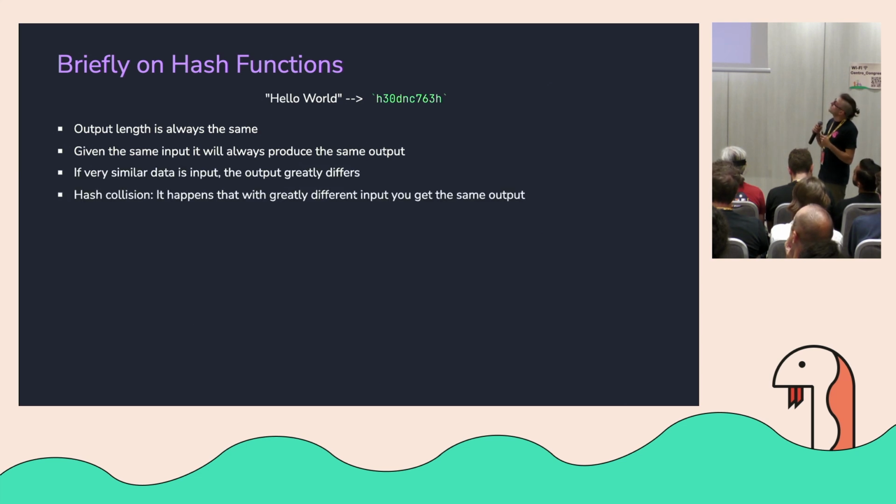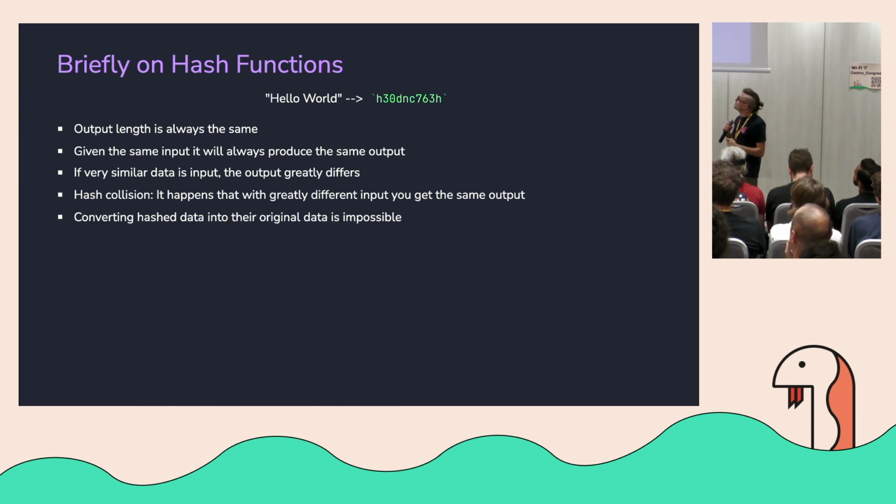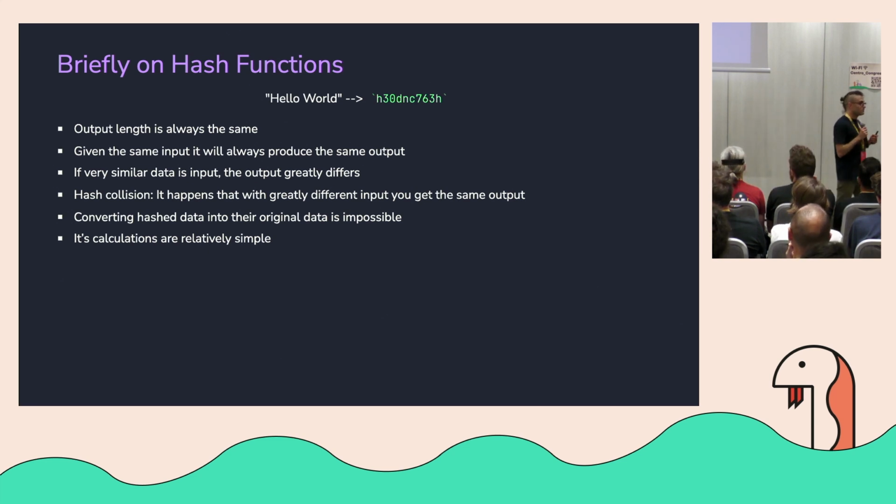It can happen that with greatly different inputs, you get the same output. This is called hash collisions. We'll talk about that in a bit. Converting the hashed values back into their original data is not possible. And also, their calculations are very fast and relatively simple.